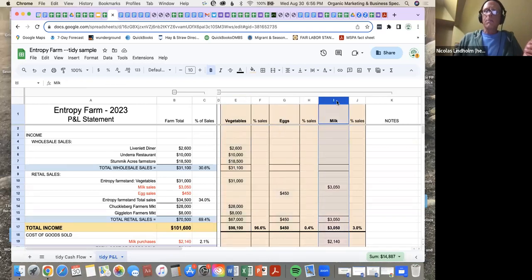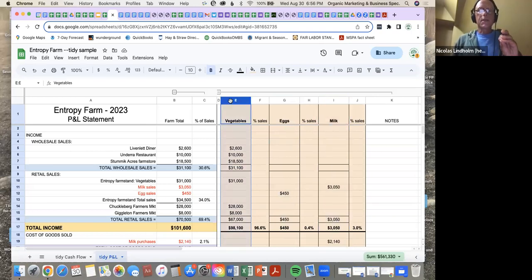If you use QuickBooks, then the desktop version and some of the more expensive online versions allow you something they call classes. And classes are, for a farm, exactly this. You can use classes in QuickBooks to itemize every expense and every income into your enterprise.